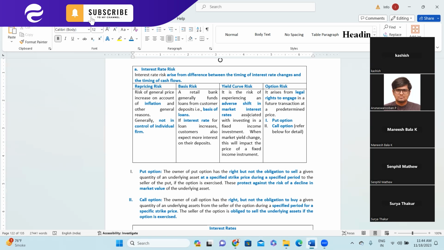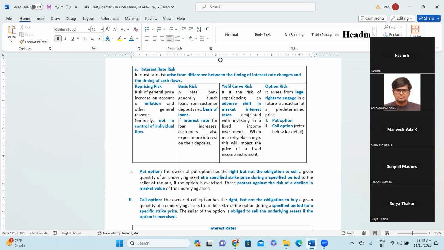It will increase the interest rate on loans and borrowing, right? At the same time, when the interest rate is increased by the Reserve Bank, the public who have deposited money in their respective banks will also push the bank to adhere to those circulars, right? And then the bank has to give them additional interest. Make sense?